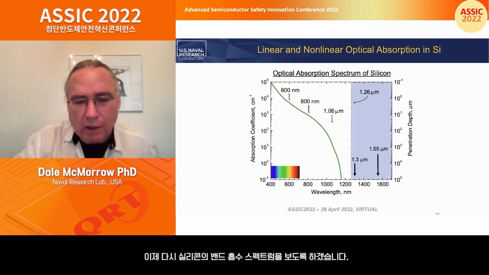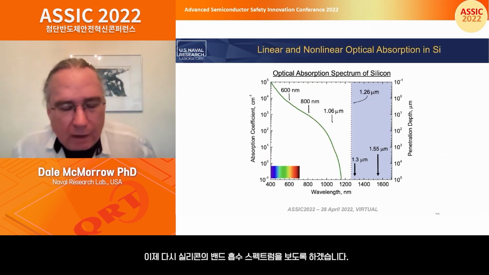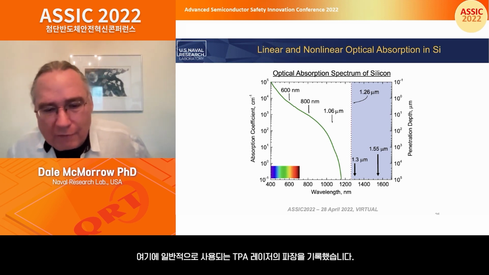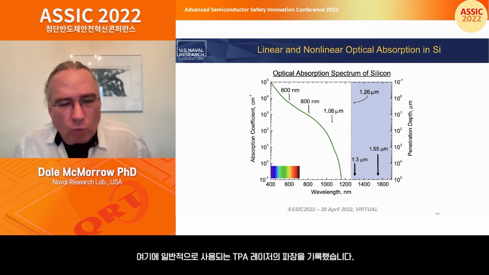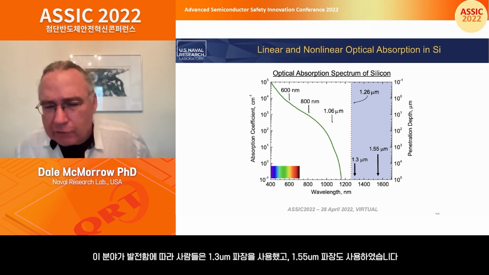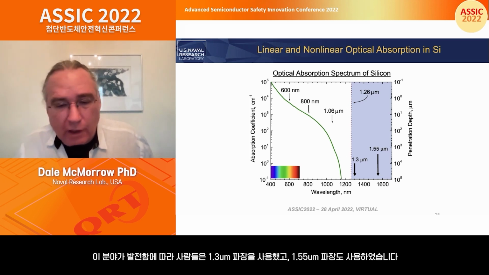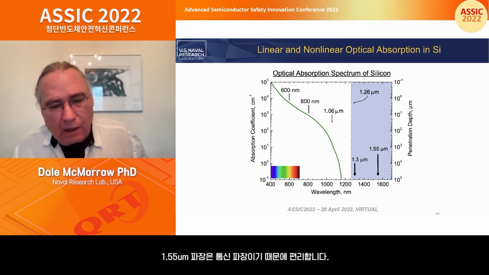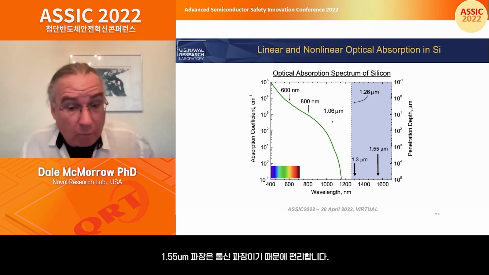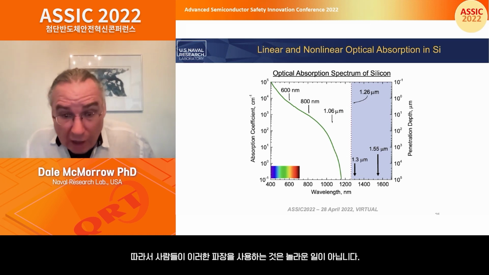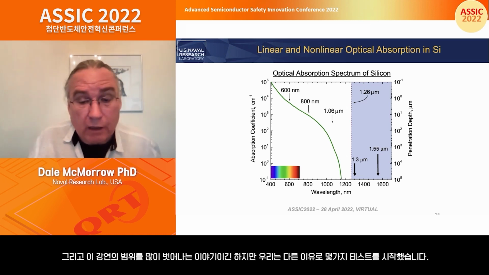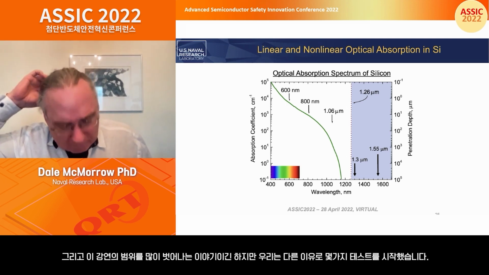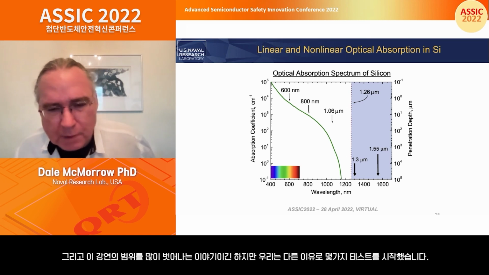So now we get back to this diagram, the absorption spectrum of silicon, and I've added the wavelengths that are now typically used. As this field has evolved, people started doing tests at 1.3 microns and then also at 1.55. Now, 1.55 is convenient because that's a telecom wavelength. So it's not surprising that people migrated out there. And we started doing some tests out there too for other reasons, which is really pretty much beyond the scope of this talk.